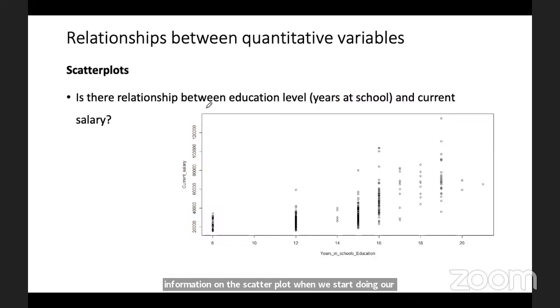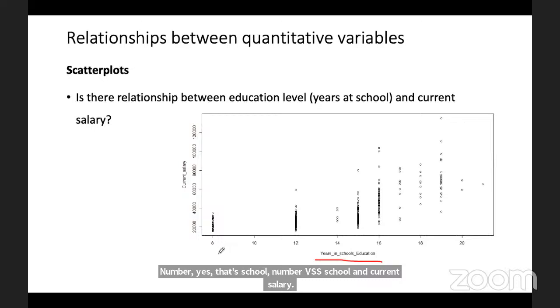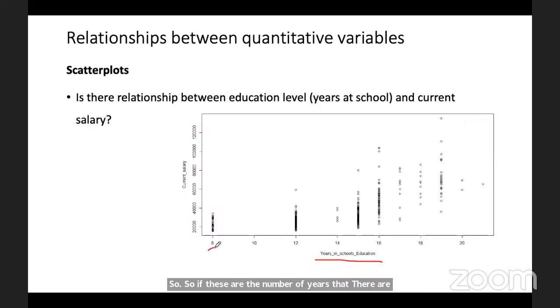So is there a relationship between level of education, the number of years at school, and current salary? If these are the number of years at school, there are people who spend 8 years at school, 12 years, 14 years, 16 years, 17 years, 20 years, and 21 years at school.